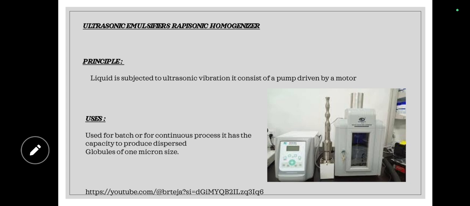It is helpful in the industrial pharmacy sector, and also in our colleges in pharmaceutical analysis, where it plays a main important role. This is called the ultrasonic emulsifier.